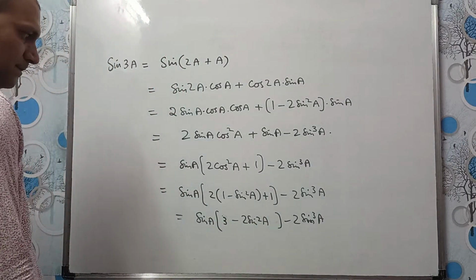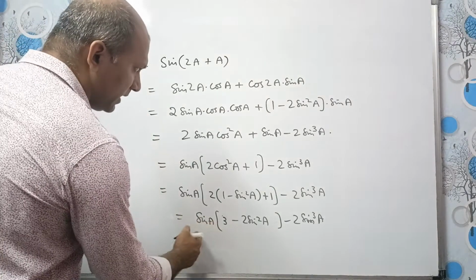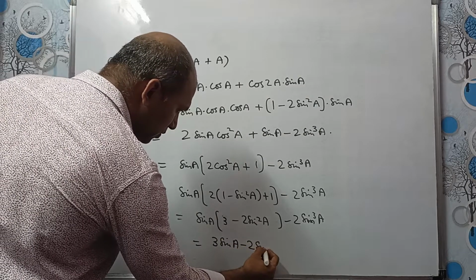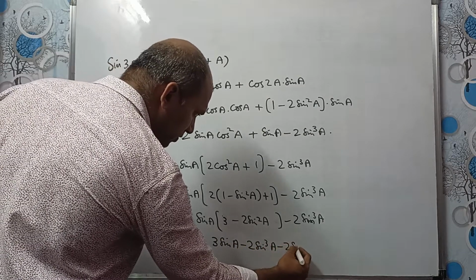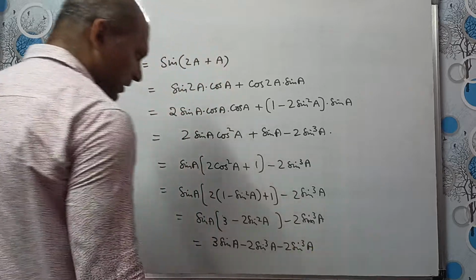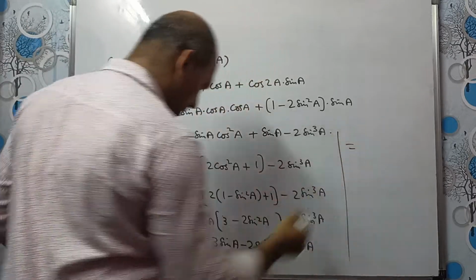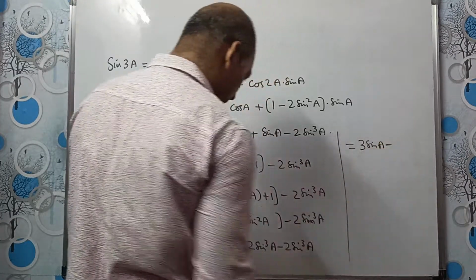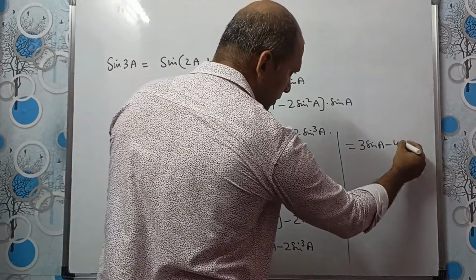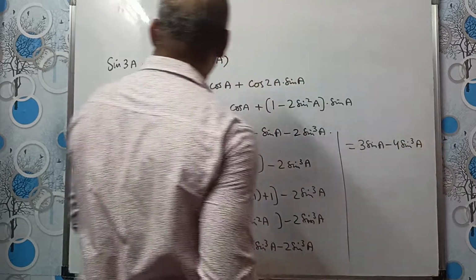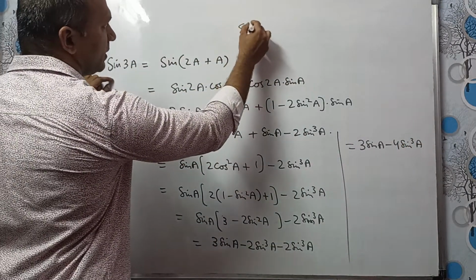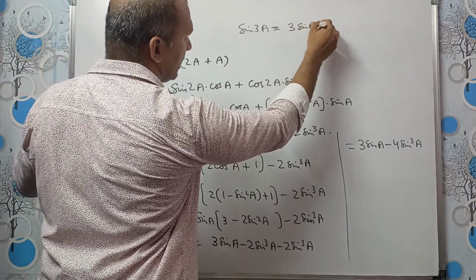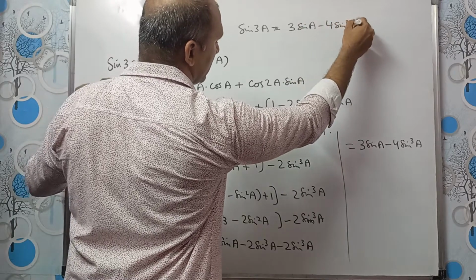So if you multiply this, what do we get? We get 3 sin A minus 2 sin cube A minus 2 sin cube A. So this is equal to 3 sin A minus 4 sin cube A. So what is sin 3A? Sin 3A is equal to 3 sin A minus 4 sin cube A.